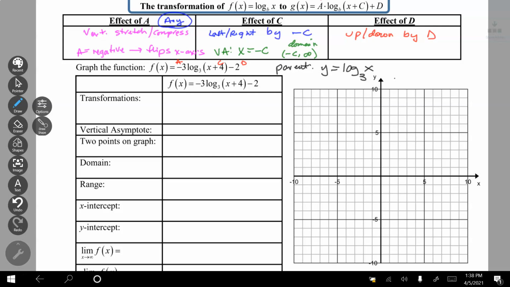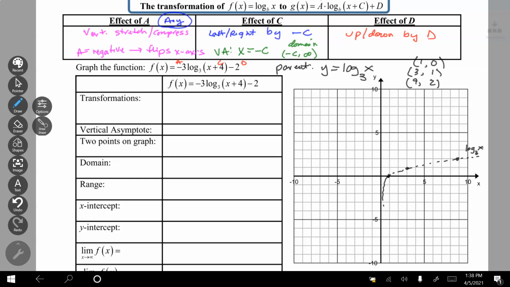Well, 3 to the x, if you plugged in 0, 1, and 2, your answers would be 1, 3, and 9. And you see here, I'm just switching x's and y's. So that's how I got it. So right now I have (1, 0), (3, 1), and (9, 2) as my 3 points on this graph. And this graph right here is log base 3 of x.